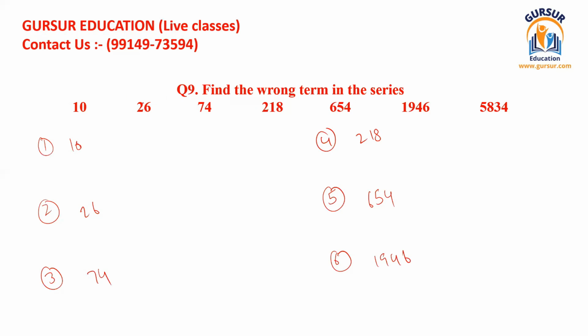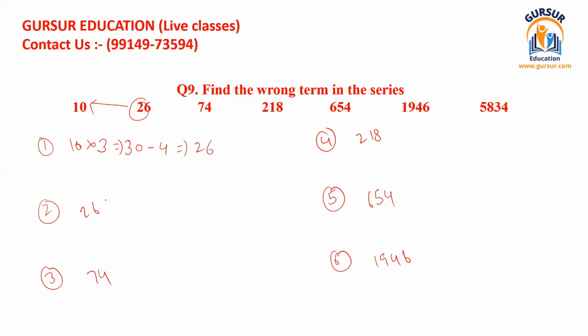Okay, so now we have to find how 26 comes on the basis of 10. Very easy to understand. When we multiply 10 by 3, we get 30, which is very close to 26. When we reduce 4 from 30, we get the value of 26.